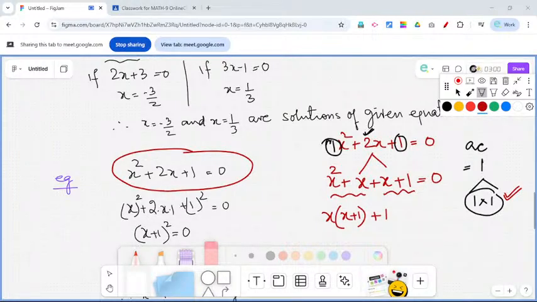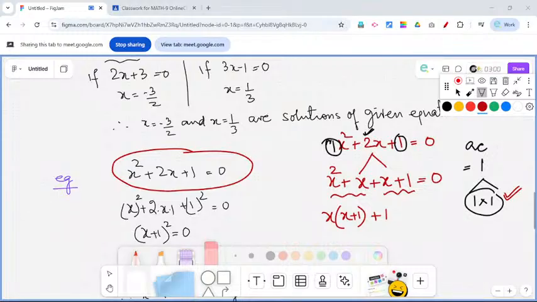Yes, sir. Okay. So, what I can do from this x plus 1, these two, I can keep plus 1 as common factor, and inside the bracket I'll get x plus 1.